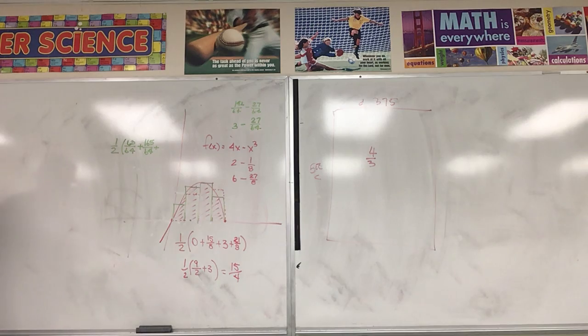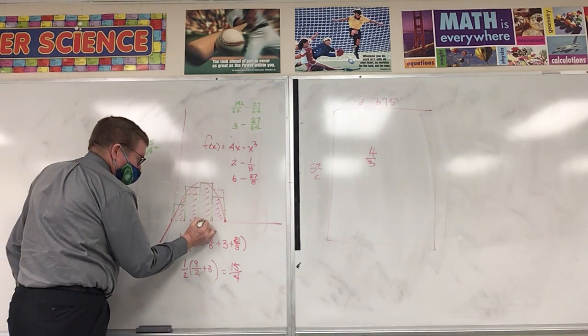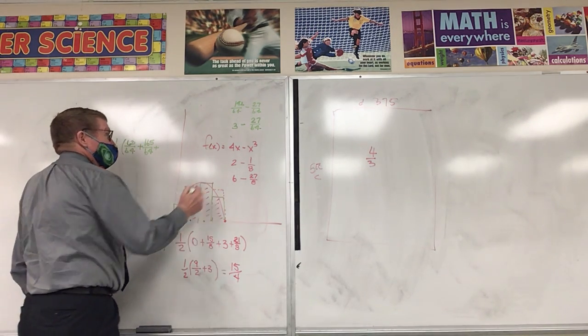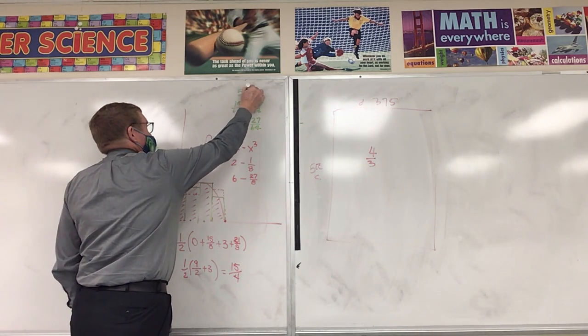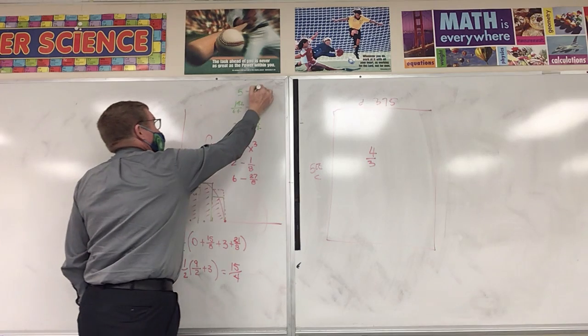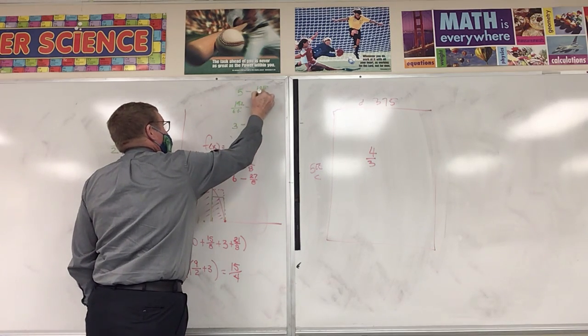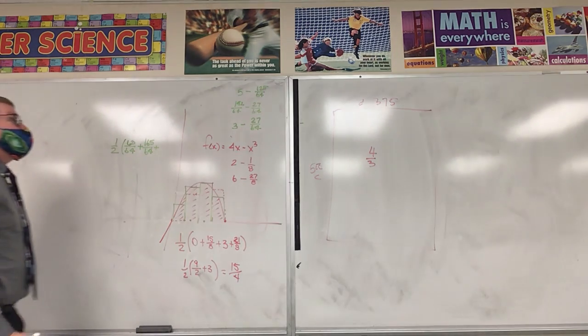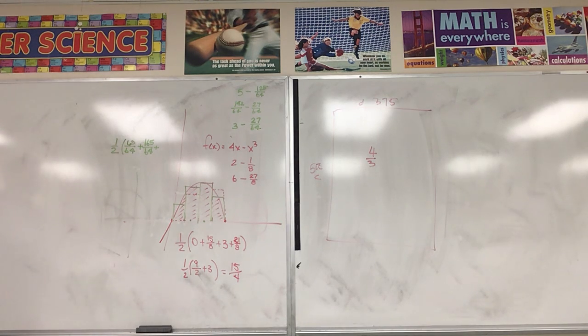The next one, 5/4. That gives 125 over 64, and the total is 195 over 64.